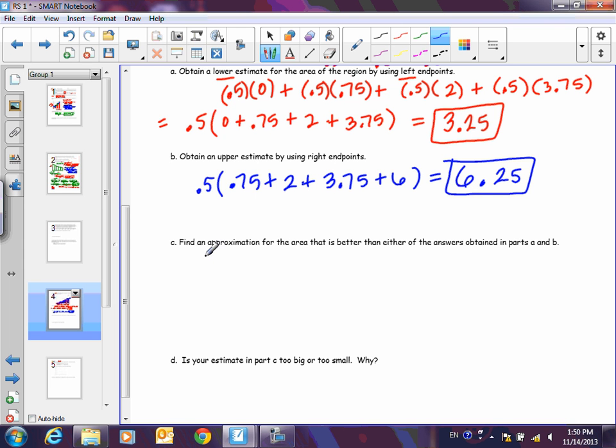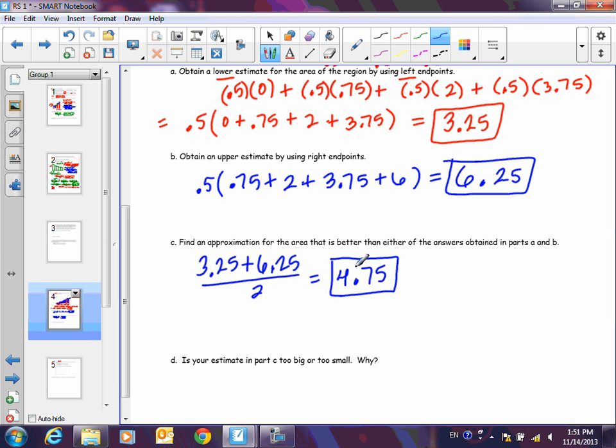And so let's go ahead and do that. 3.25 plus 6.25 divided by 2 is 4.75. If I did a trapezoidal sum, what would I get? 4.75. Still though, this is not the exact answer because these are curves and not lines.